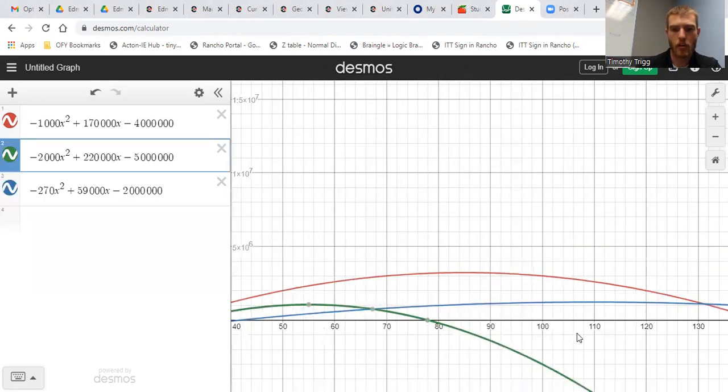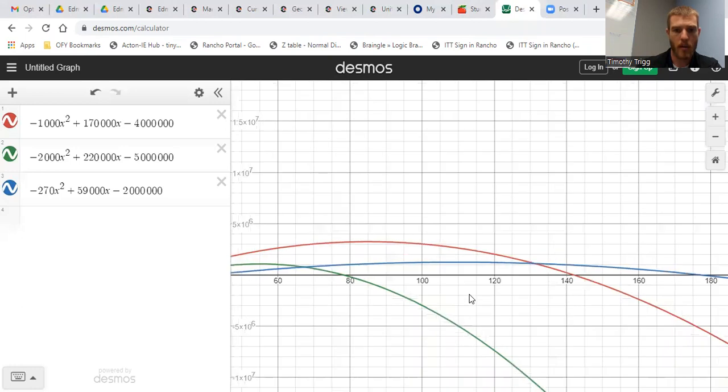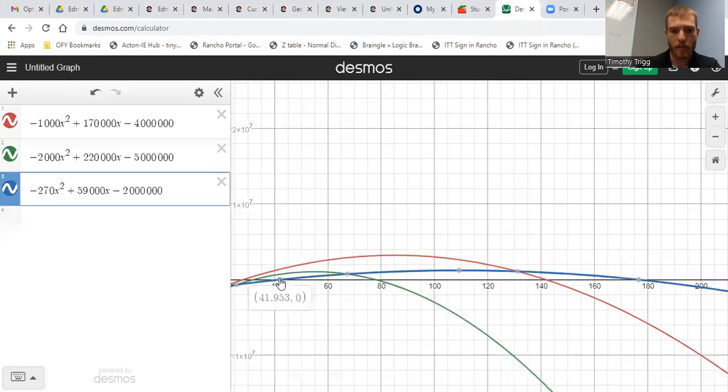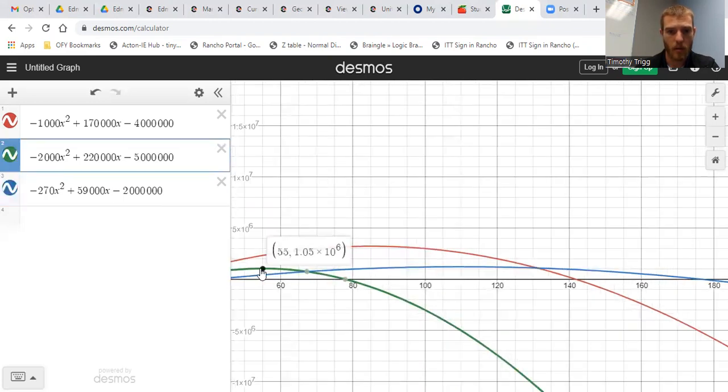Okay, so for this third material, we have a much wider graph. She earns a profit if she sells material 3 for $41.95, all the way up to $176.57. And the maximum profit is not as much as the others, right? Well, let's see, how much is this max profit here?